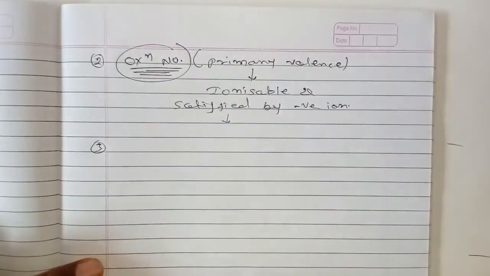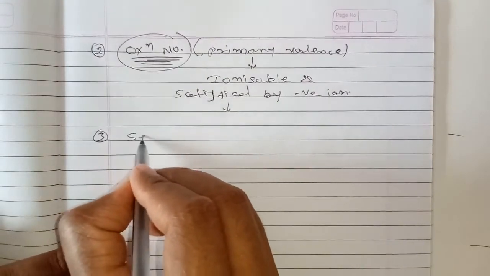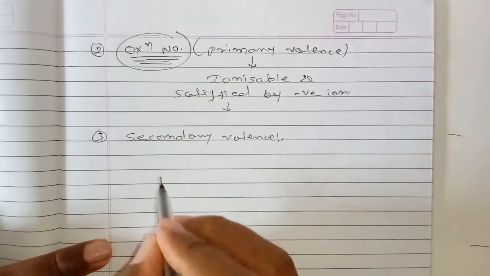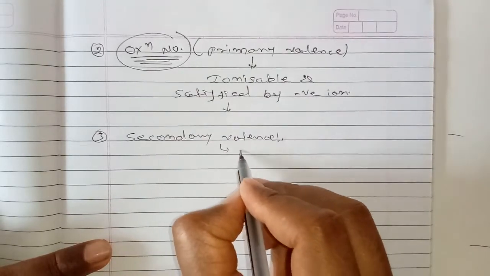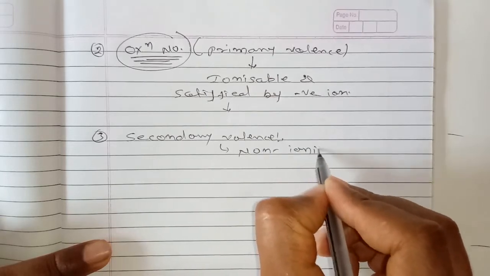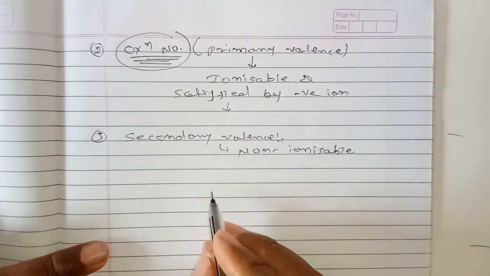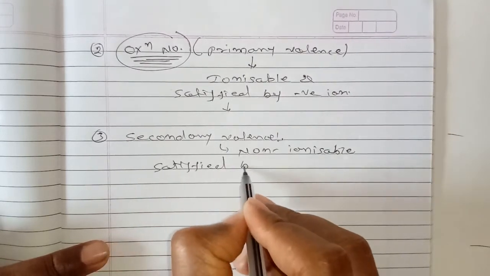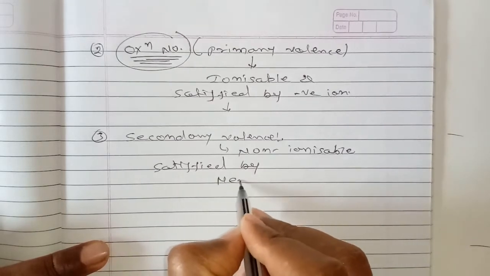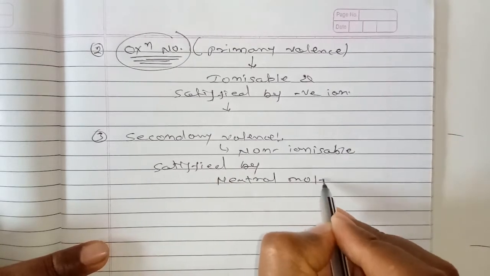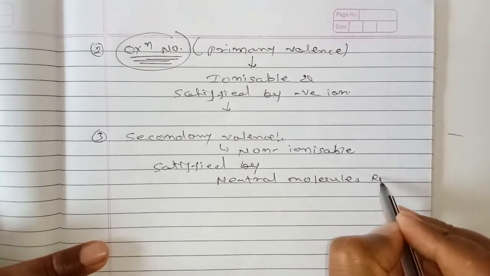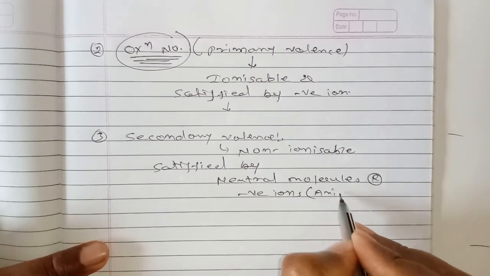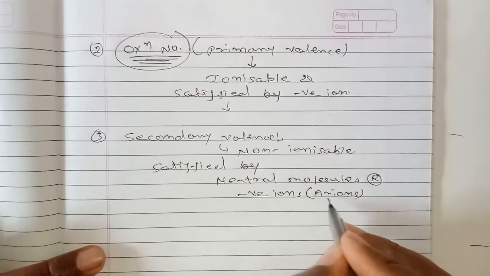Third postulate, that is secondary valence, and the secondary valences are non-ionizable, and are satisfied by neutral molecules or negative ions, that is anions.